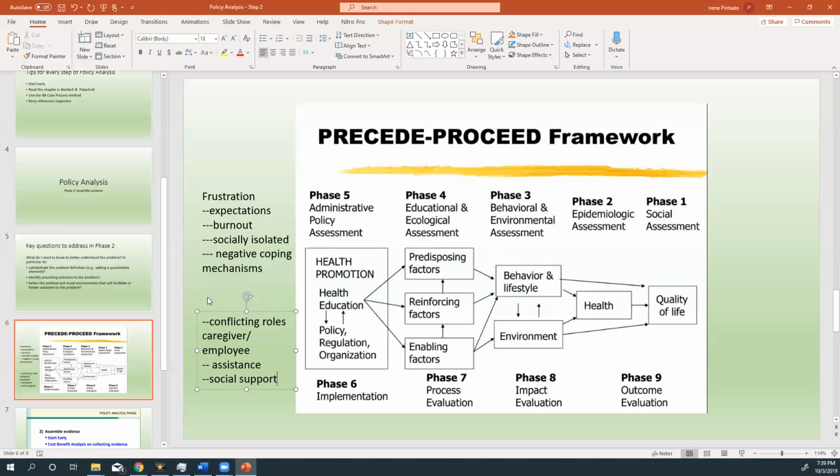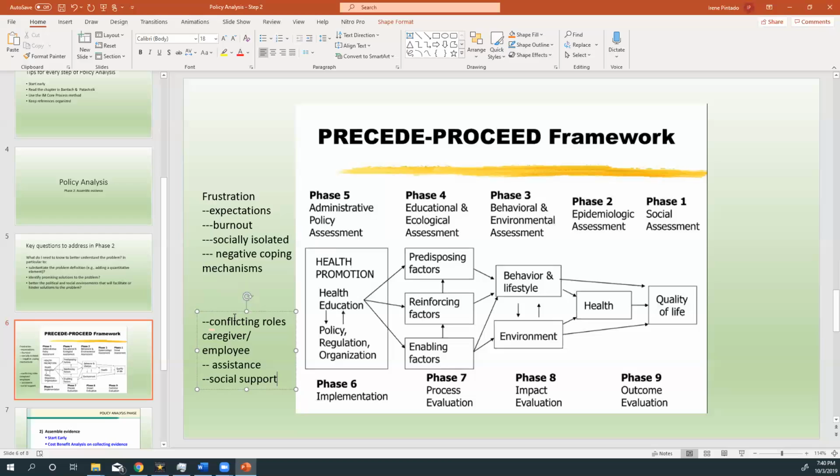Now, some of these solutions are more amenable to policy than others, right? Managing expectations is probably more of an educational, one-on-one teaching thing, so maybe not as amenable to policy. But in the US, for example, older people have Medicare, right?